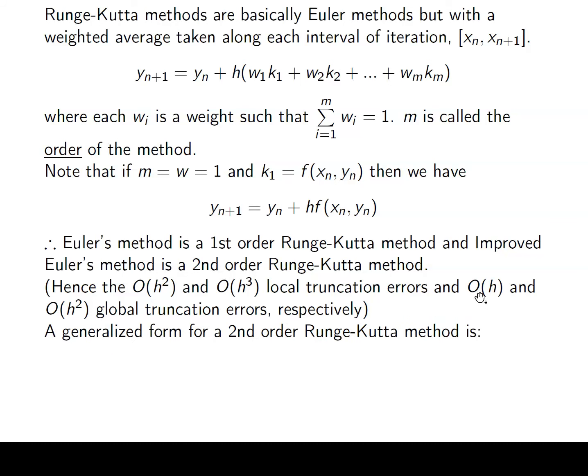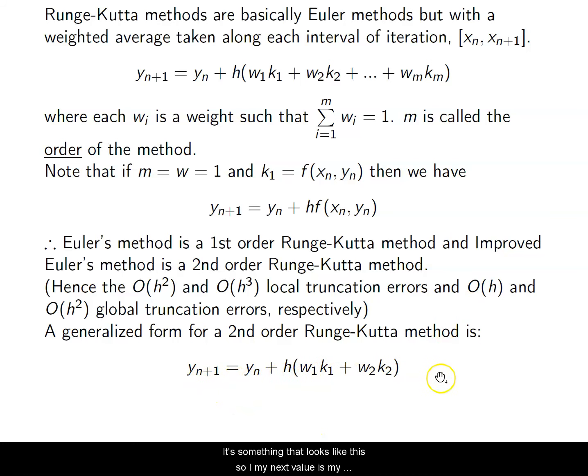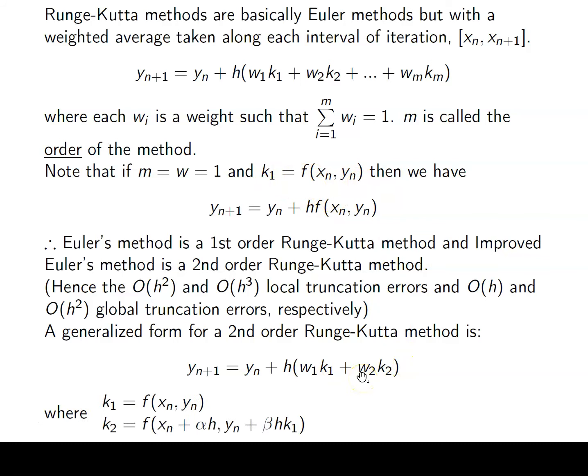A generalized form for a second order Runge-Kutta method looks like this. My next value is my current value plus my step size times a weighted sum of the values I'm taking, with W1 and W2 being the weights and K1 and K2 being the functions.